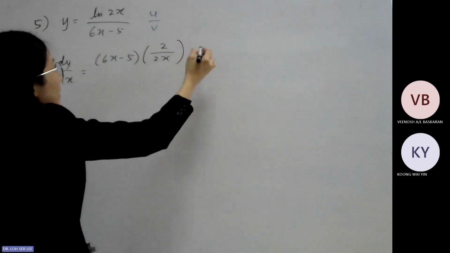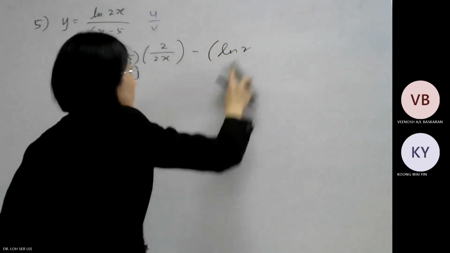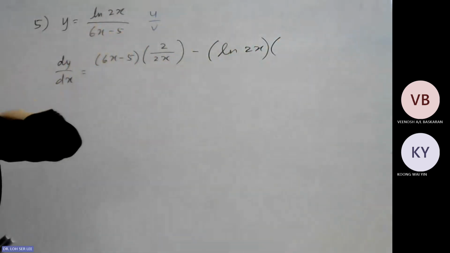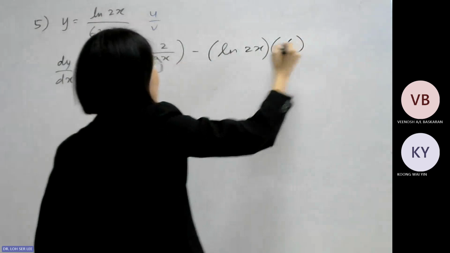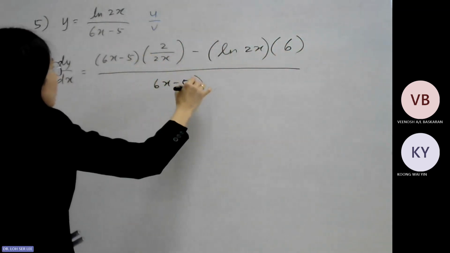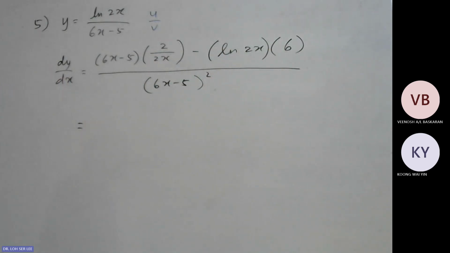Okay. Minus, now we copy the ln 2x. Then we differentiate the v, so we get a 6, over (6x minus 5) squared. Okay, simplify.